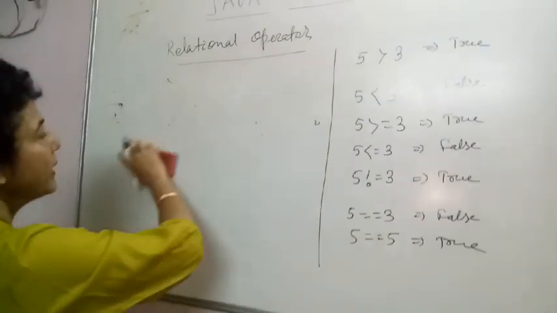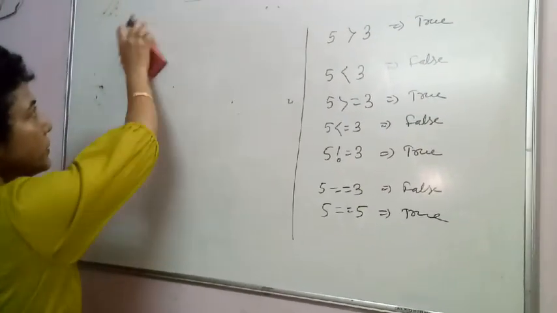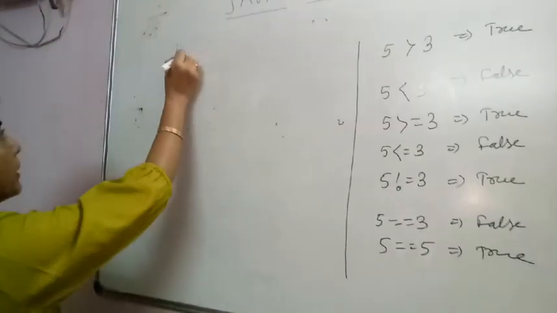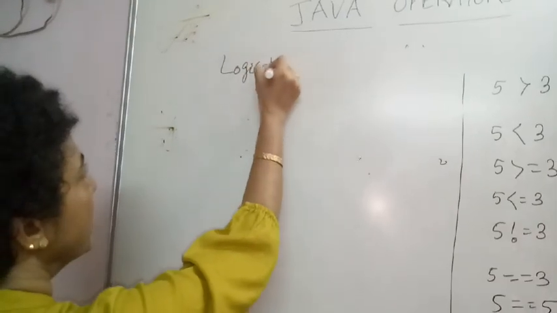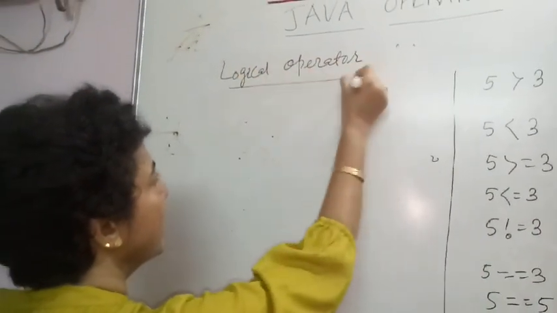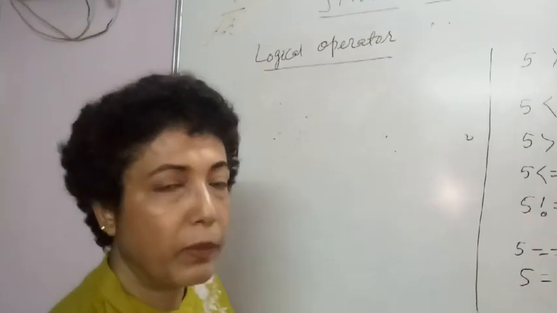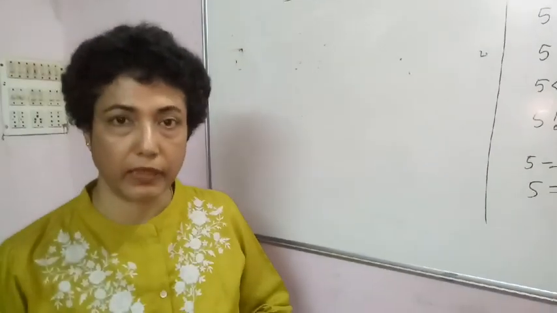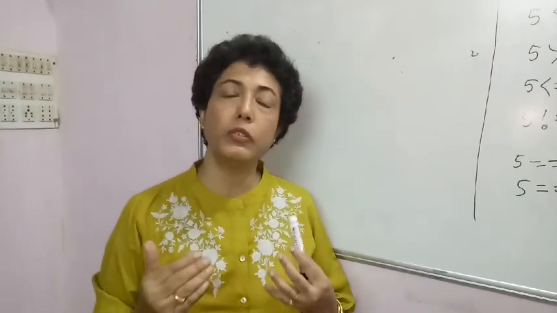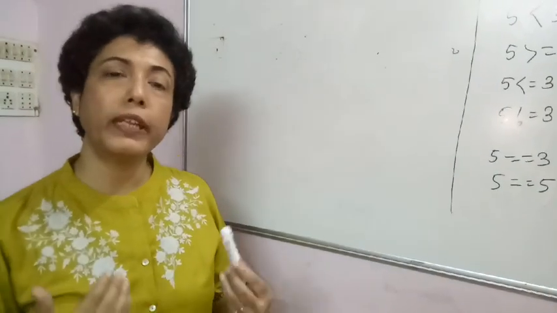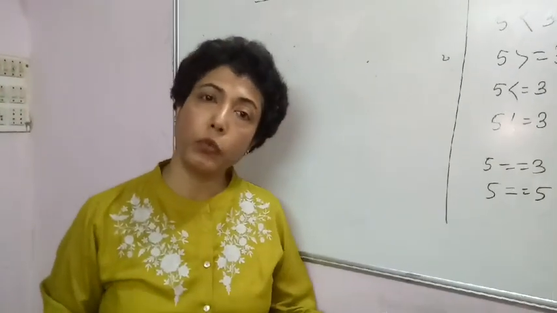So the next operator we are going to discuss is logical operator. Now, logical operators are used for joining two relational expressions, and they also give the answer in the form of true or false, which is a Boolean value.